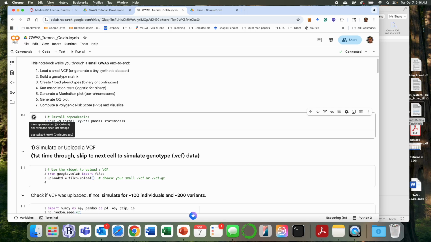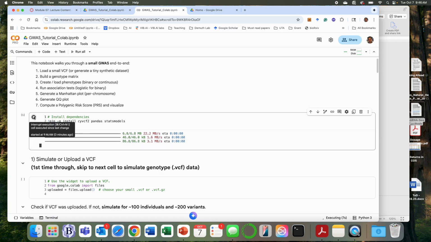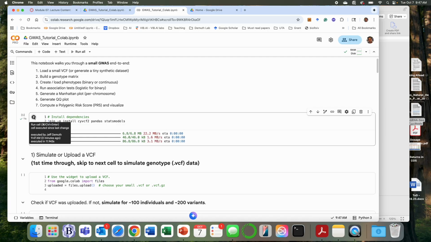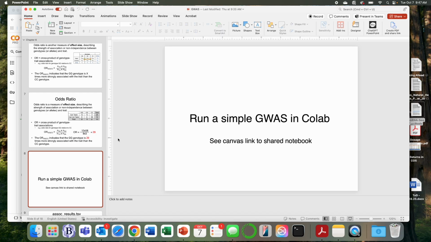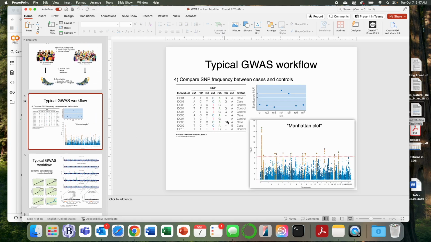Sci-VCF2 is something that'll help us convert a VCF to a genotype matrix, because we need something that looks a little bit more like this, not like your VCF file, where it has rows for SNPs.